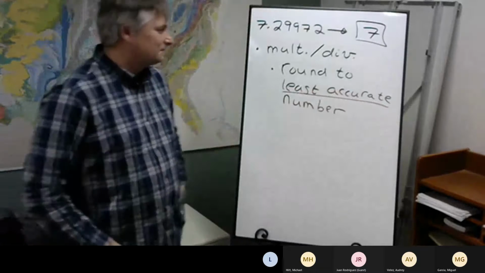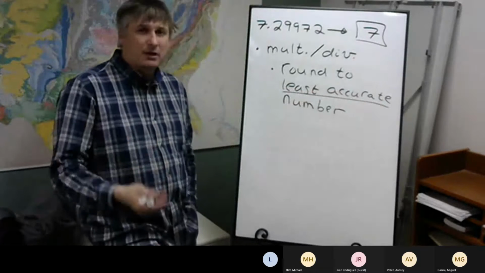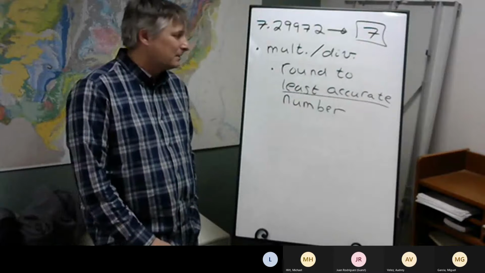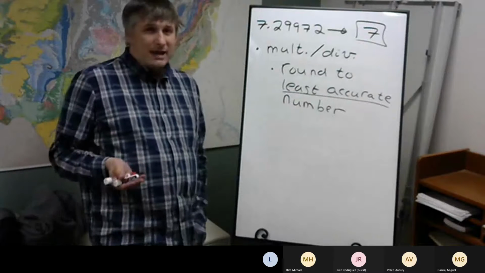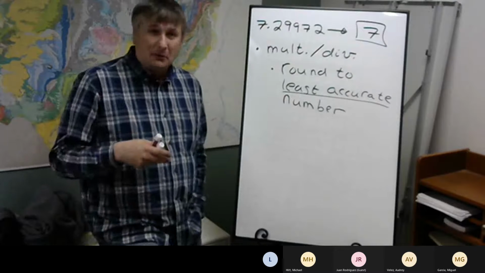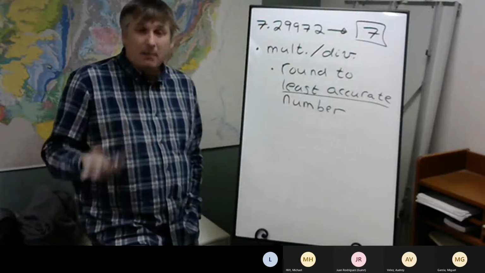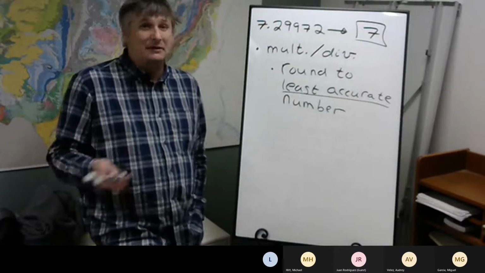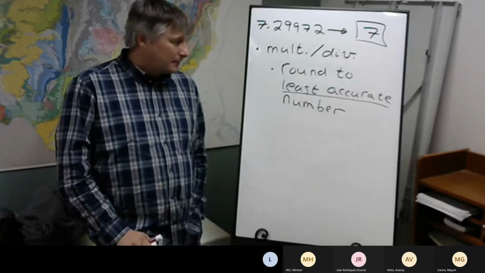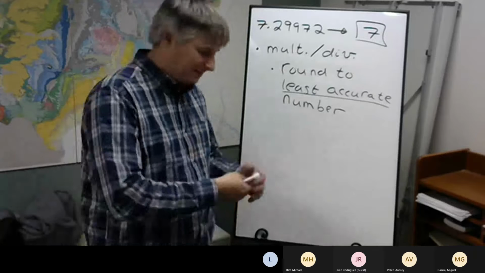So multiplication, division, we round to the least accurate number. So remember what accuracy is now. You can take a look at your notes, but it's the number of significant digits in a number. So let's say we have this.